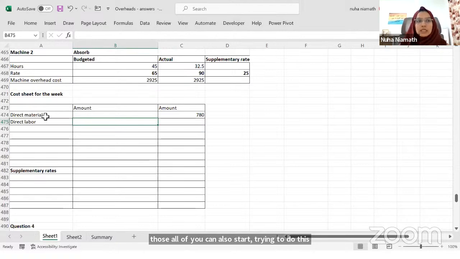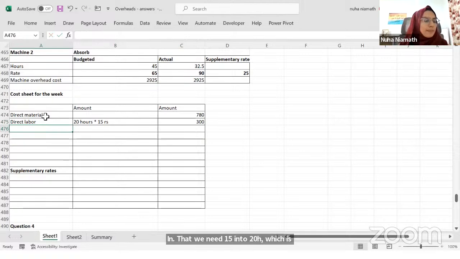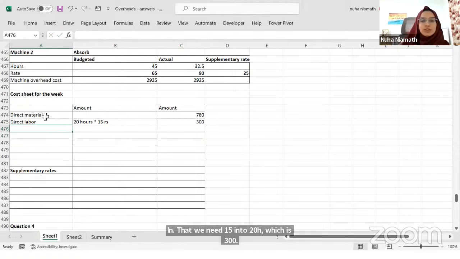Okay. So the next is direct labor. That's also given: 20 hours into 15 rupees per hour. That will give me 15 into 20 hours, which is 300 rupees. Then we come down to the machine facilities.